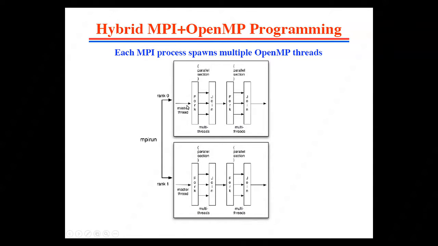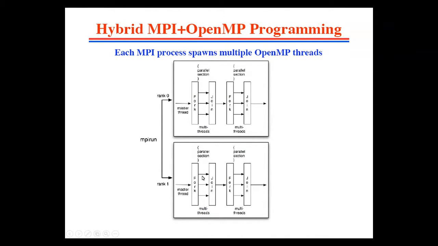Those MPI processes will create a team of threads and let your code run in the OpenMP fashion. So you have a master process, for example, which behaves as a master thread and forks a team of threads, using multiple CPUs to run your code in OpenMP multi-thread fashion.